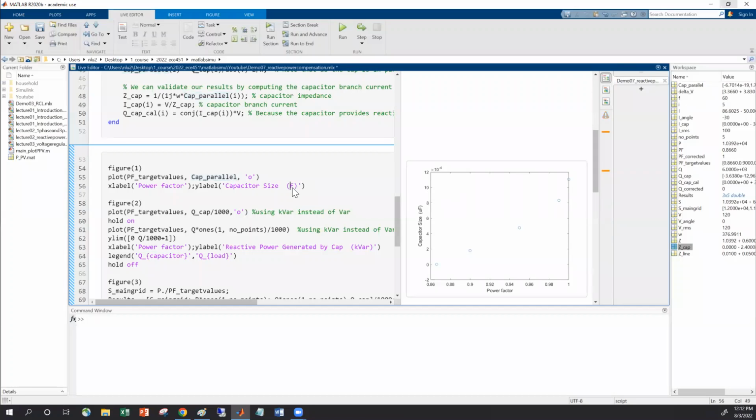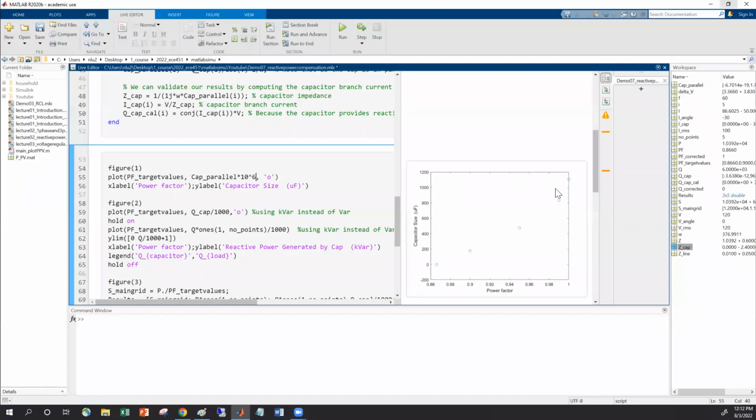It will be Farad. Let's run it. Okay, but usually this is harder to see, so I will just put the mu here, and then multiply this by 10 to the power 6. This will convert Farad to microfarad. So when you run it, you can see that this label here will become 1,200 microfarad.